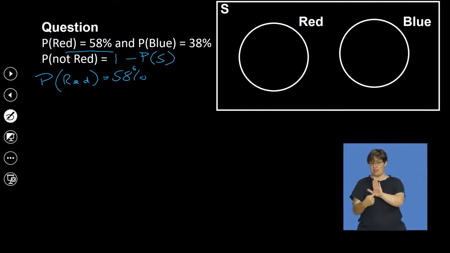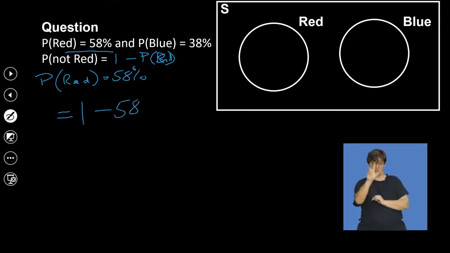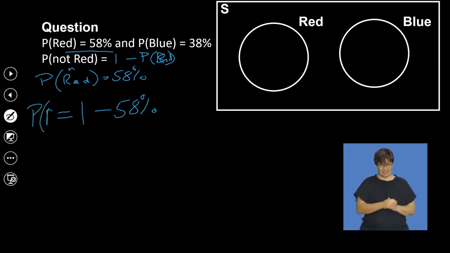The 1 stands for the probability of the sample. So we're going to recognize of not choosing the red car, there are certain things that he can do. He can take the probability of the sample minus the probability of the red, which is 58%. And if we do that, we recognize this is the probability of red dash, okay, not red.